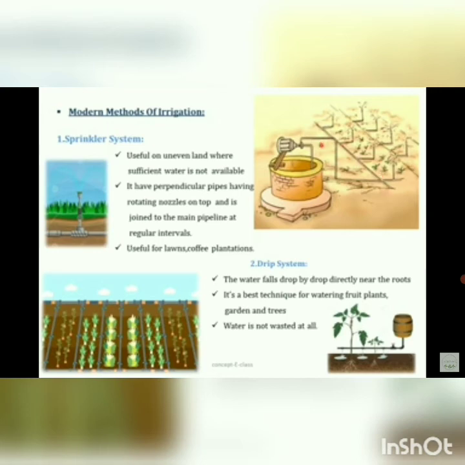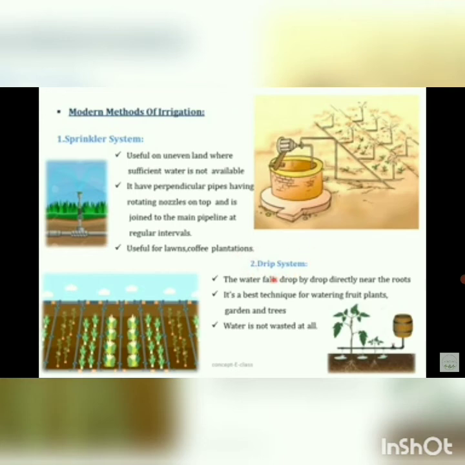When pressure from the main pipe is produced with the help of a pump, the water escapes through these nozzles. It provides an effect of raining, and it's mainly used for lawns and coffee plantations.